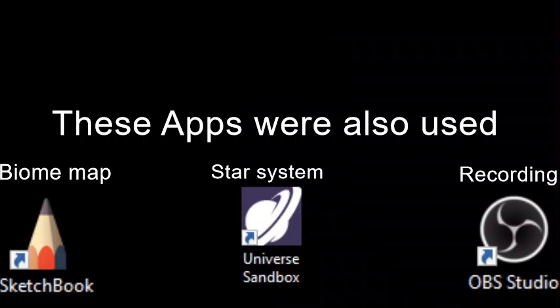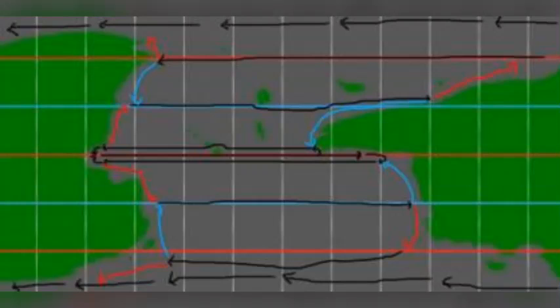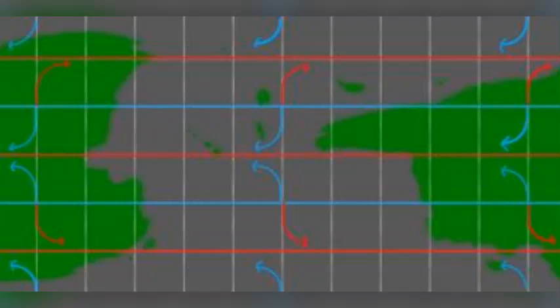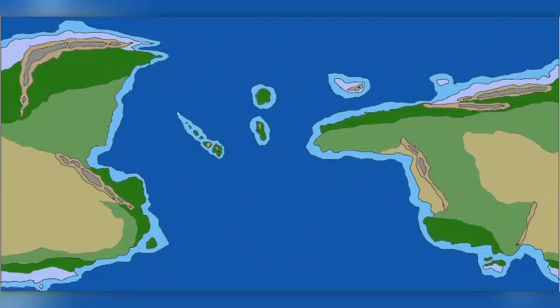So we did the current map and then the wind map, which allowed us to create this, which is the first 100 million years of our simulation.